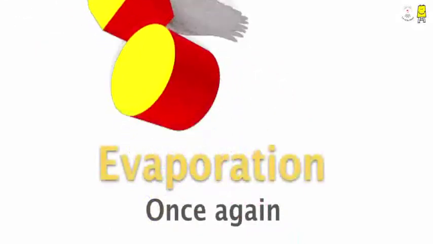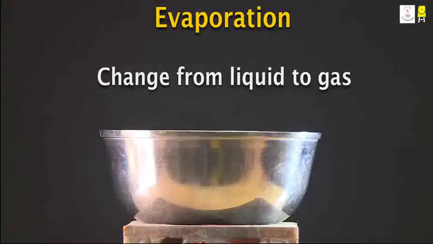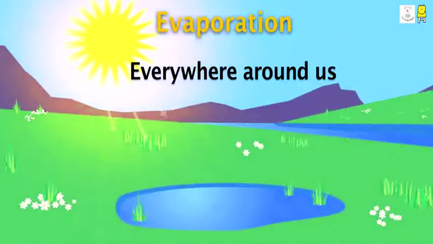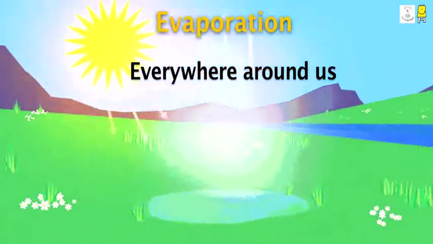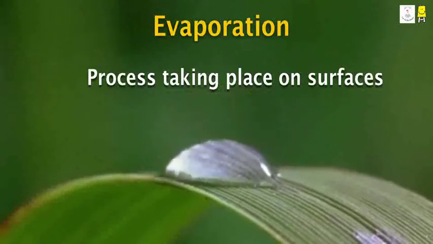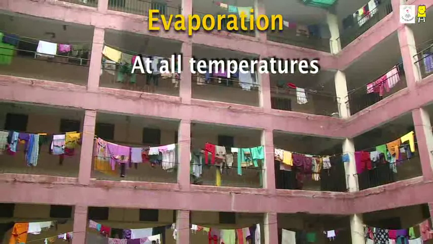Come on, let's have a look at evaporation again. Evaporation means changing of liquid state to gaseous state. Evaporation takes place all around us. This is a process which takes place at the surfaces. Evaporation takes place at all temperatures.